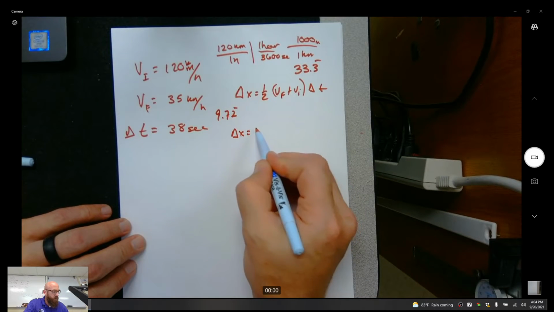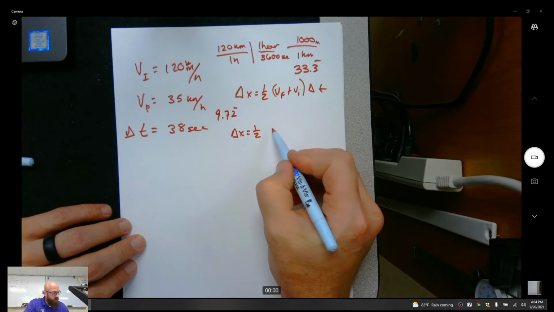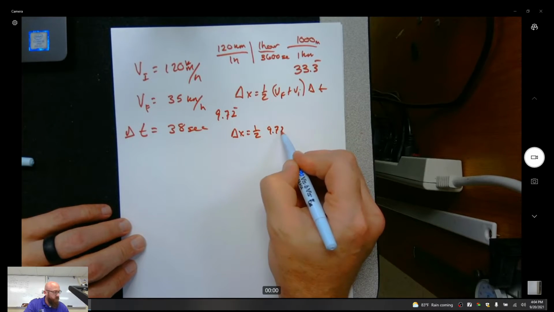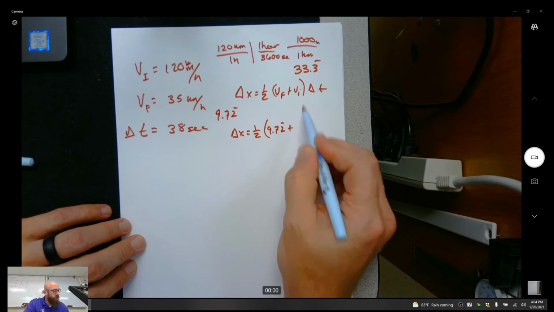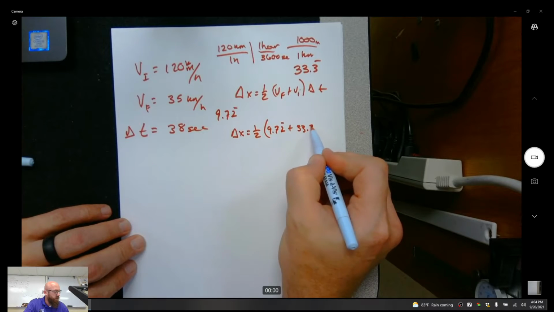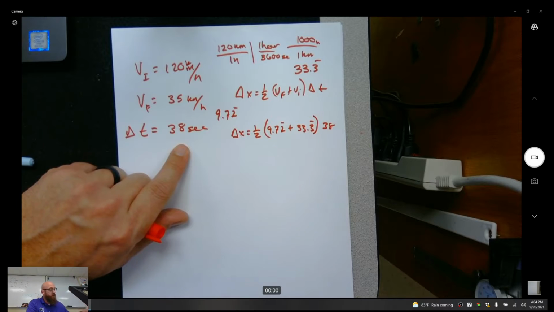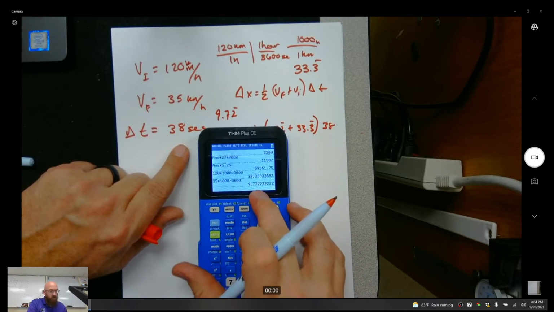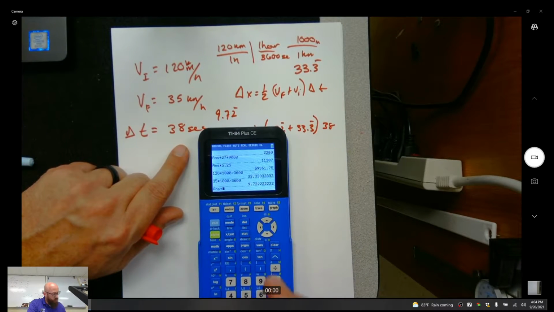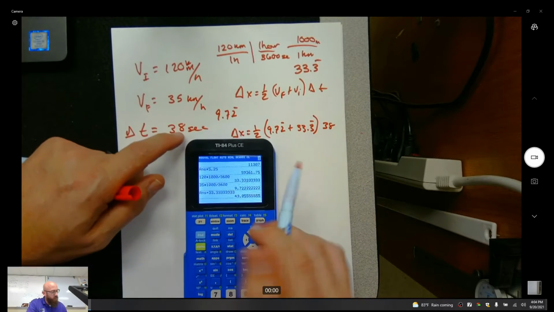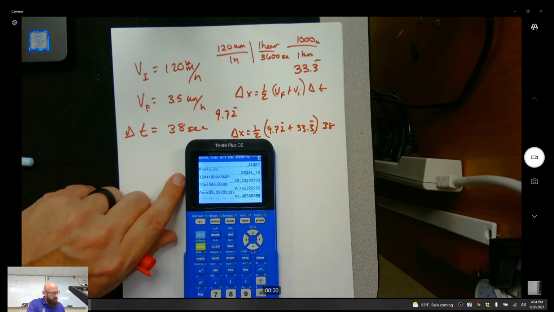So then I plug them in the equation. Delta x equals 1/2 times (VF 9.72 repeating plus VI 33.3 repeating) times 38 seconds. Now if you have a handy dandy calculator, you can take those answers, plus, and scroll up, hit enter. So that middle part is 43 and that ugly number.